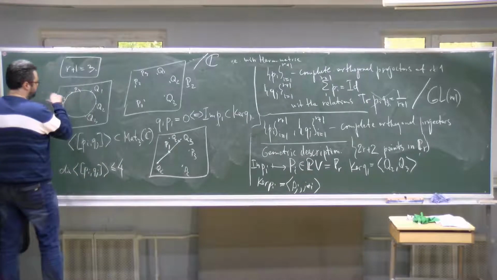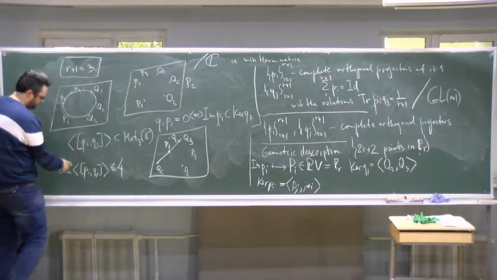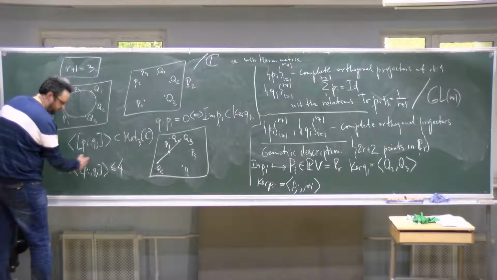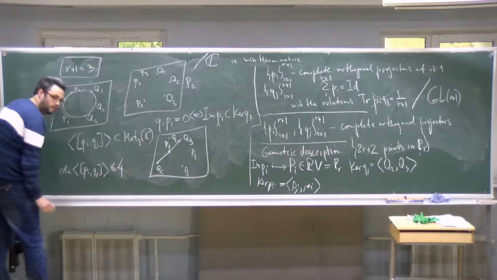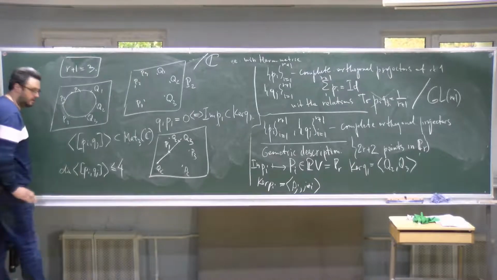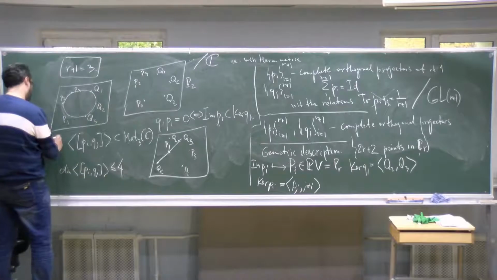So what do these brackets mean? It means that the subspace is generated by these commutators. Maybe not matrices, square brackets then. I mean the square brackets.